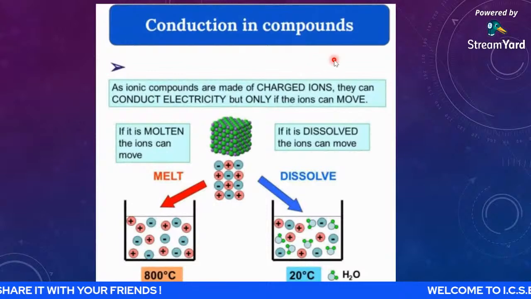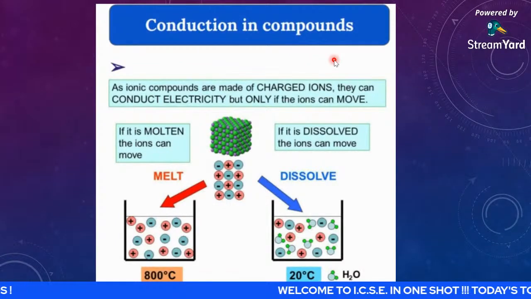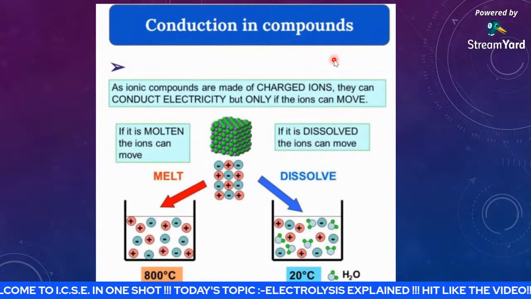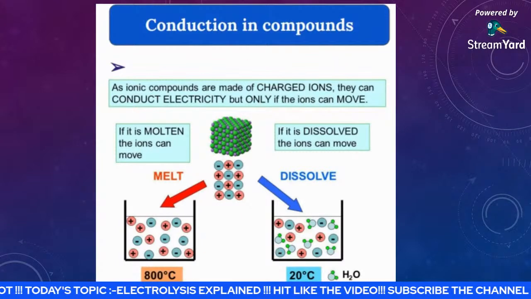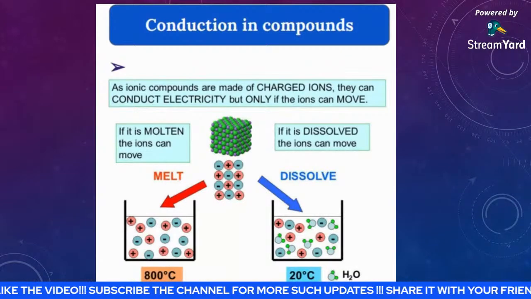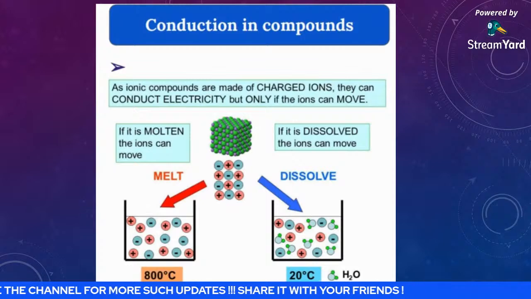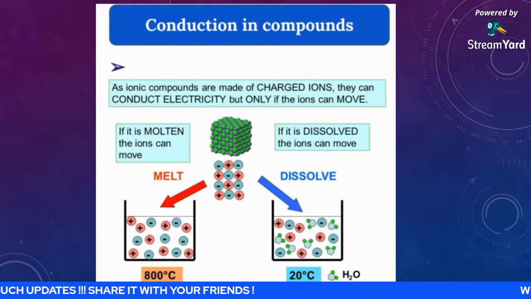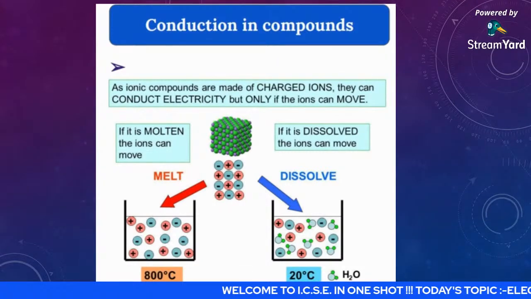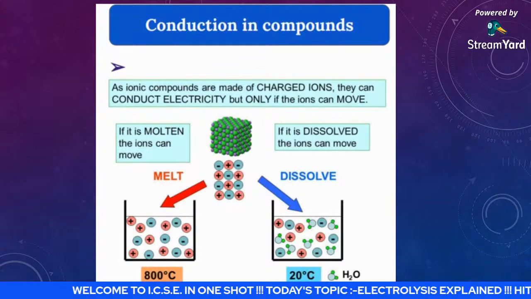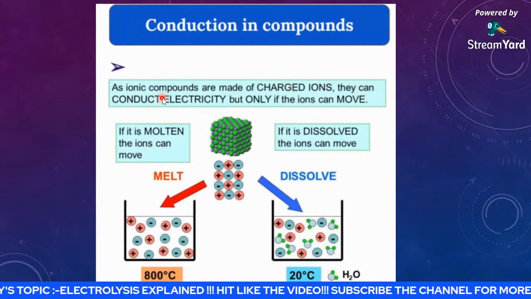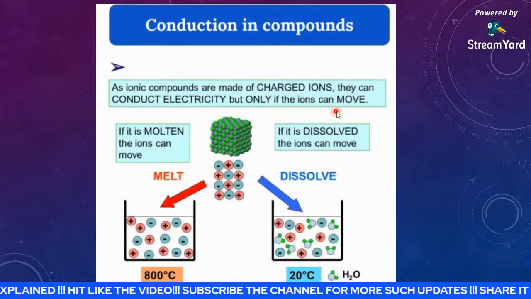Now, conduction in compounds. As an ionic compound is made up of charged ions, they conduct electricity, but only if the ions can move.